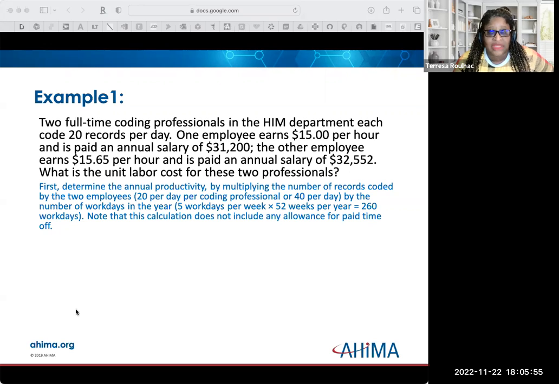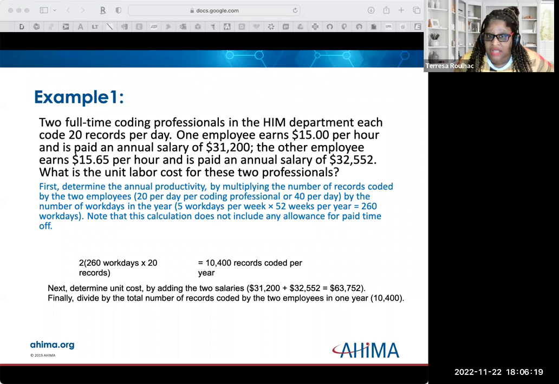Keep in mind, this calculation does not include paid time off, so no PTO, right? So we have our 260 work days times 40 records equals 10,400 records coded per year.